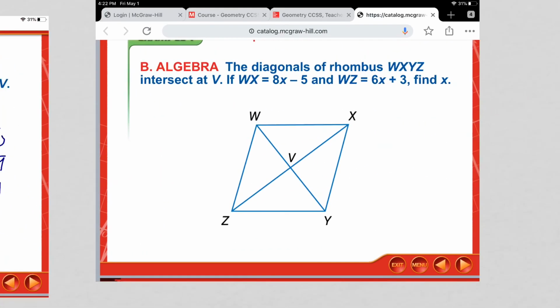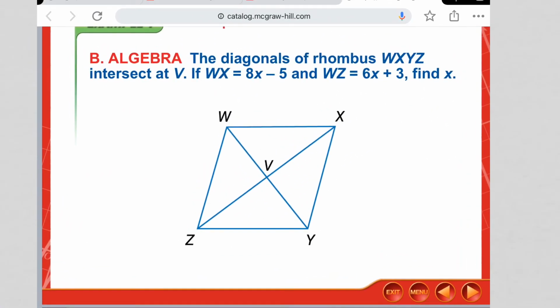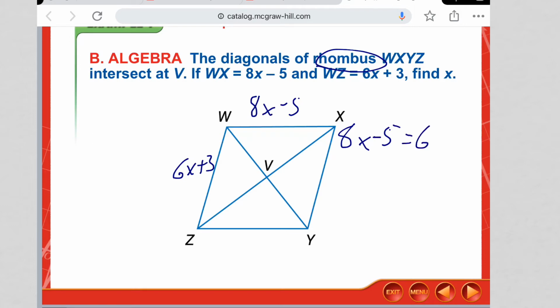Next example here has to do with writing equations. So it tells me that WX is 8x minus 5, and then WZ is 6x plus 3. Being that I know this is a rhombus, those are the sides. I know all four sides are congruent, so I can write the equation 8x minus 5 equals 6x plus 3.